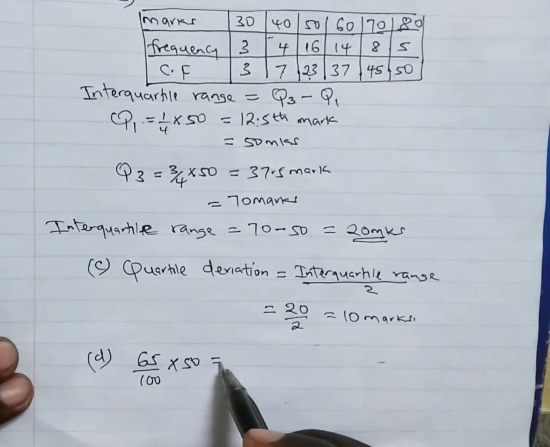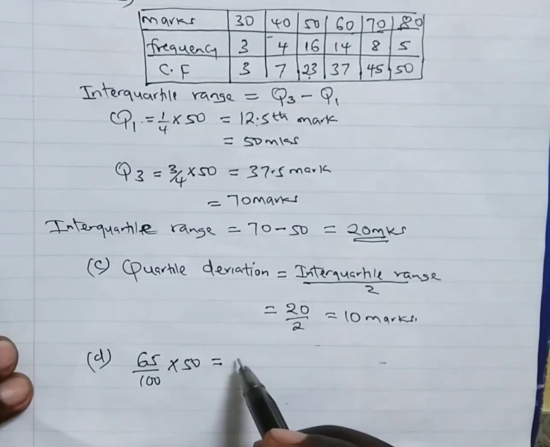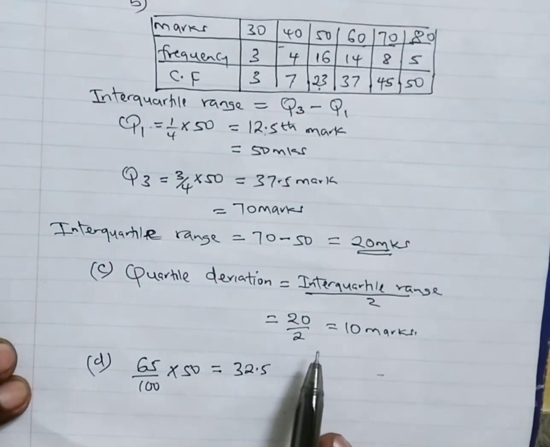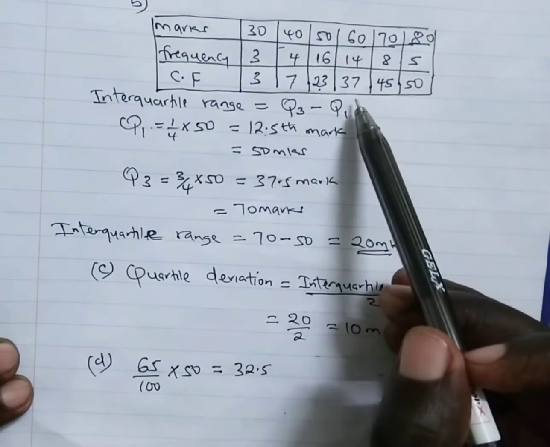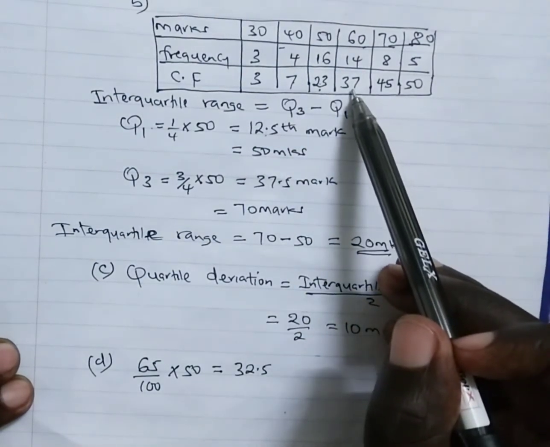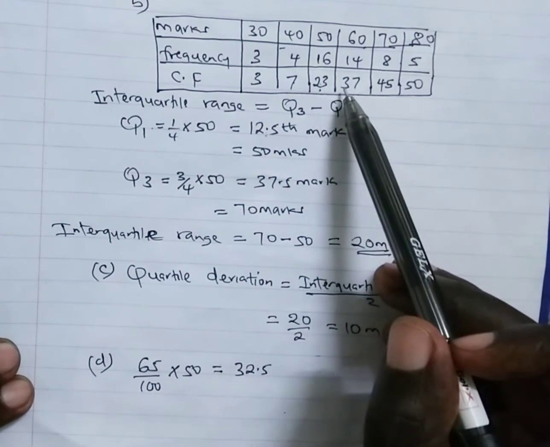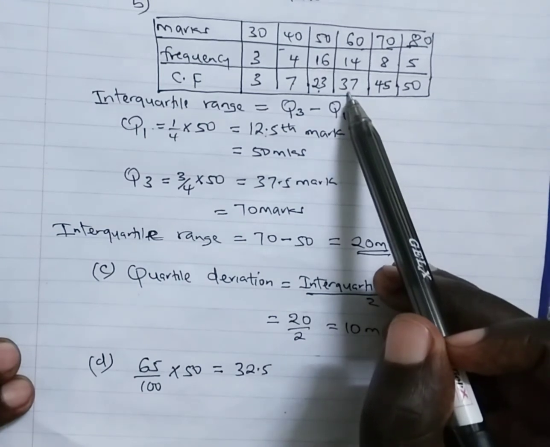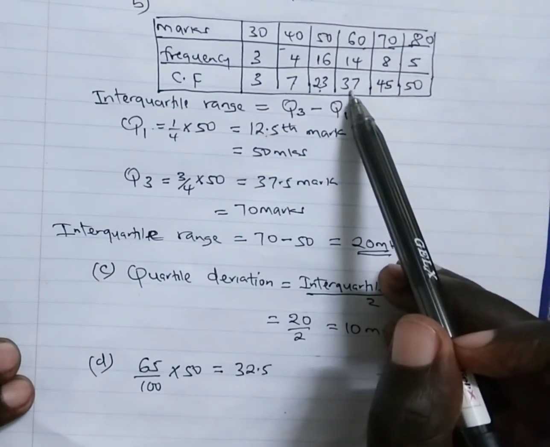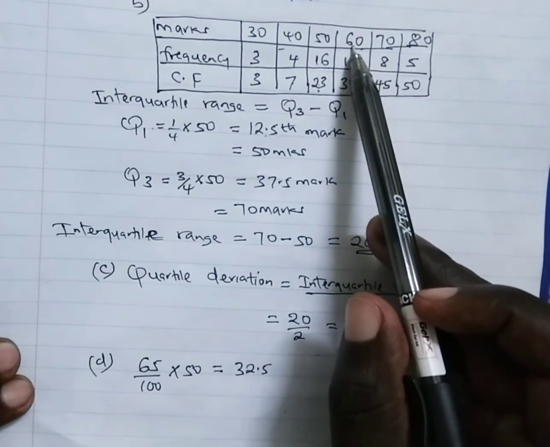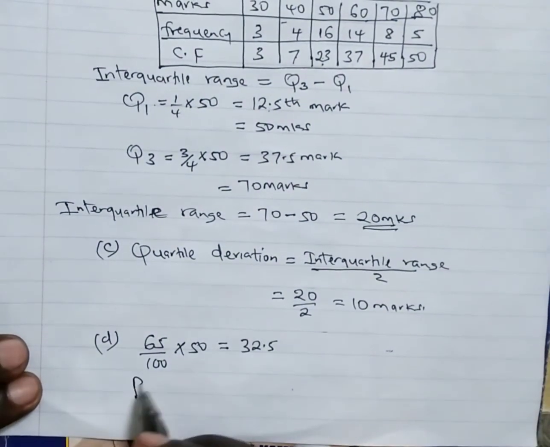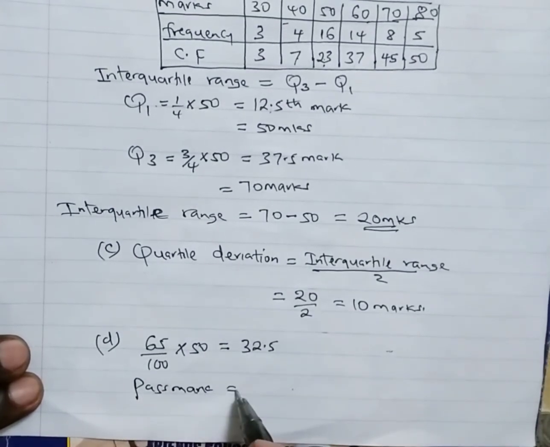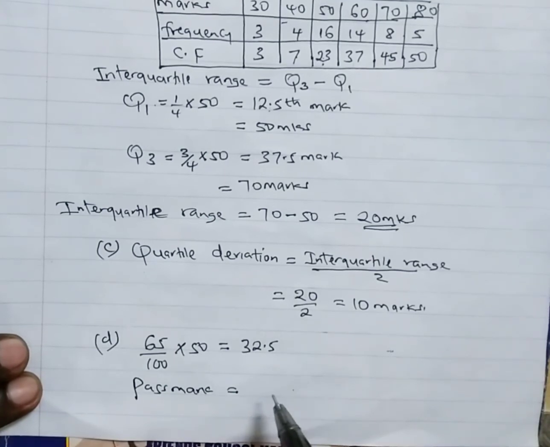This gives us 32.5. Once we have 32.5, you go to the cumulative frequency and look at where 32.5 lies. It is going to lie in 37, and the mark that corresponds with 37 is 60 marks, and therefore the pass mark is going to be 60.